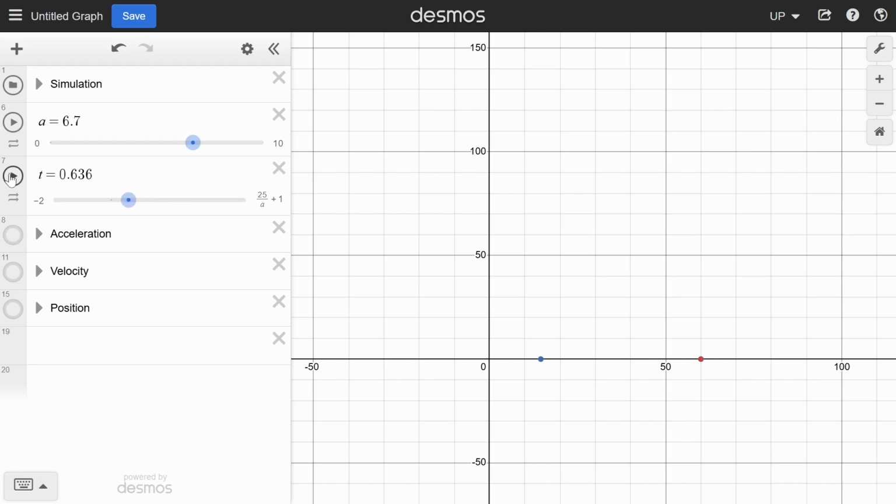So we could model this as a function of time as well as position. Here I have modeled its deceleration.